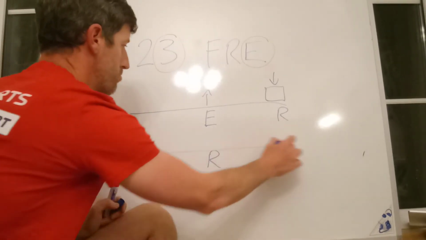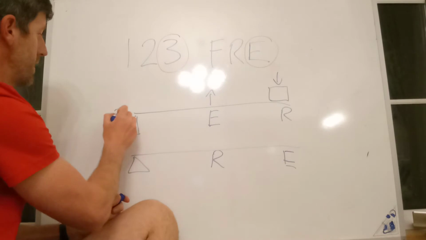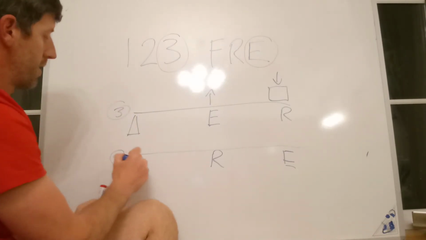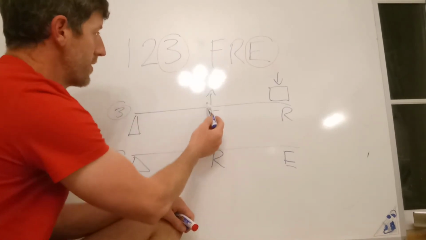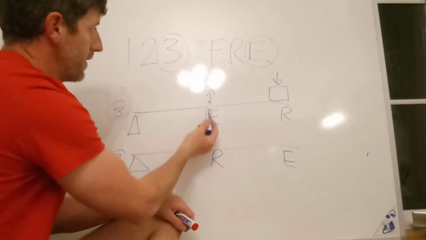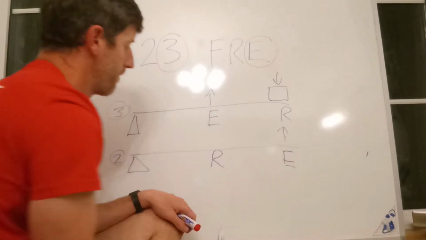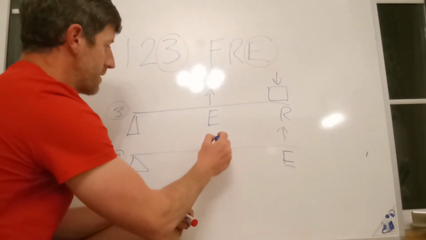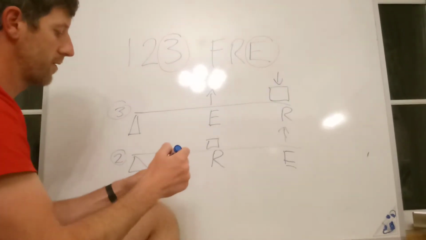That was class 2 there, and that's class 3. Now the muscular contraction is going to be happening here, whereas here the muscular contraction is going to be happening there, and the resistance in the middle. So the muscles act on that side, where here the muscles act on that side.